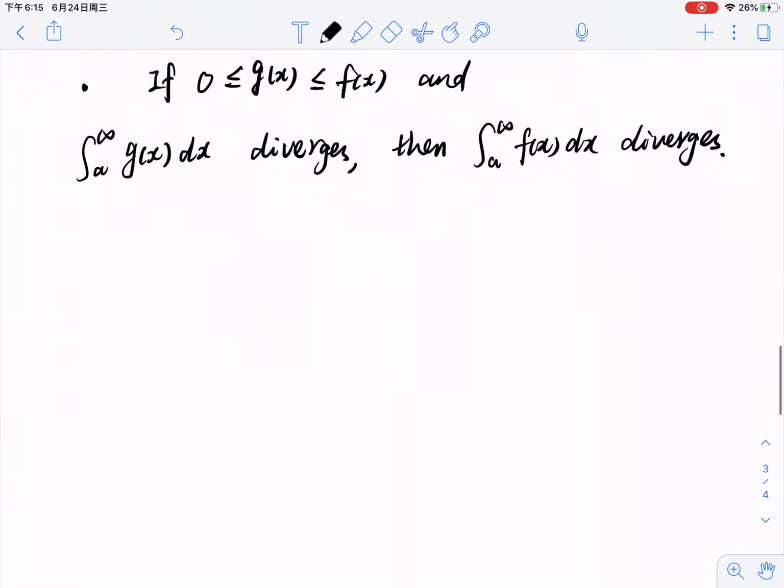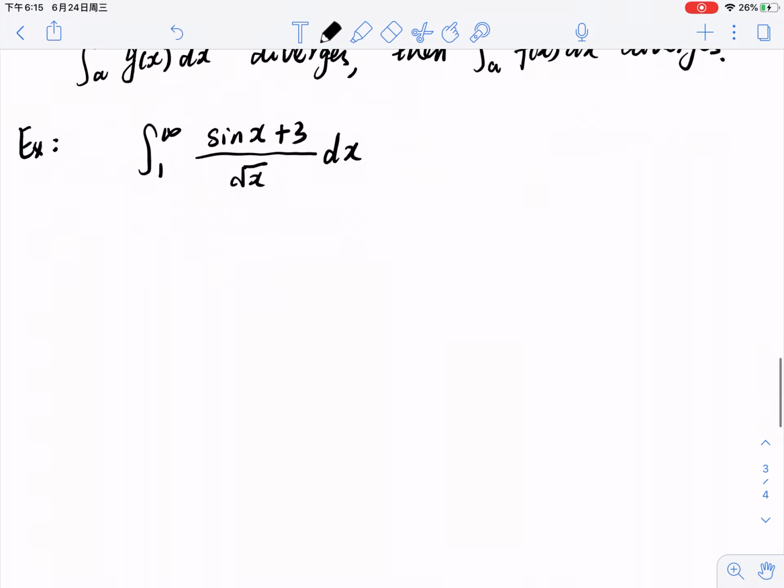Let's look at another example. The integral from 1 to infinity of (sin x plus 3) divided by the square root of x, dx. We know sin x is always between -1 and 1.